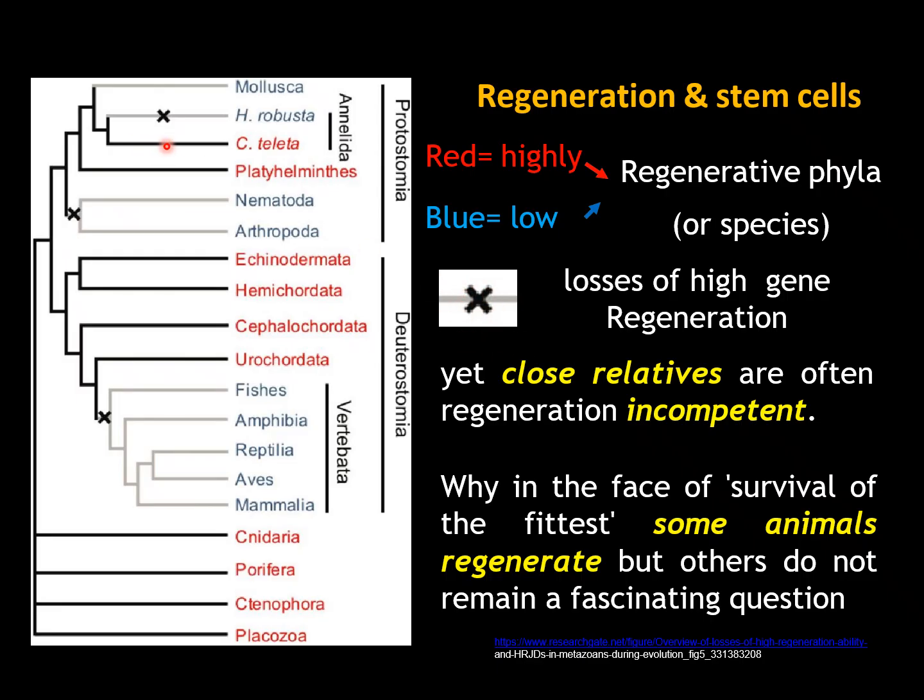So for example, here you see that in many cases fishes, amphibians, reptilia, and birds and mammalia, they lost the ability to regenerate. Well, same thing happened with arthropoda, but well, look, Nigerian, porifera, yeah, sponges, they still keep it.